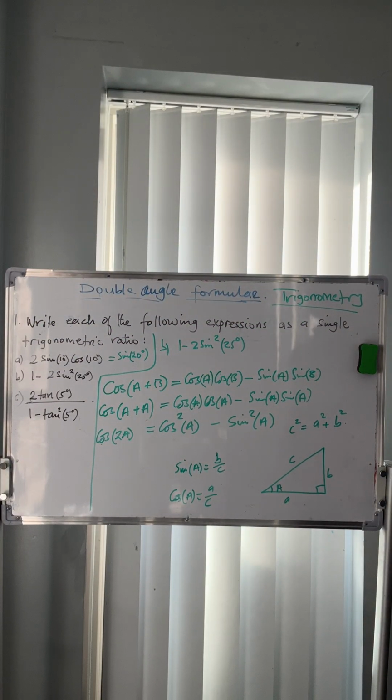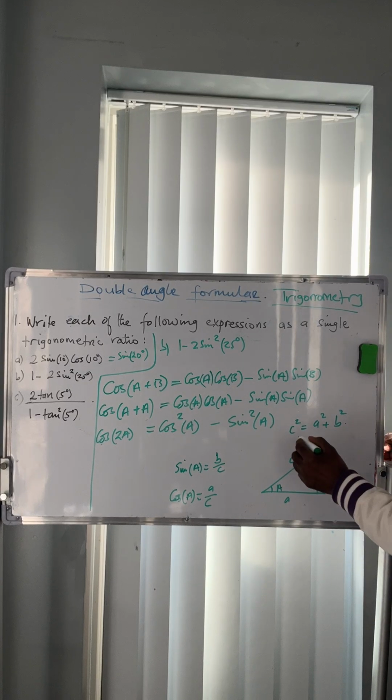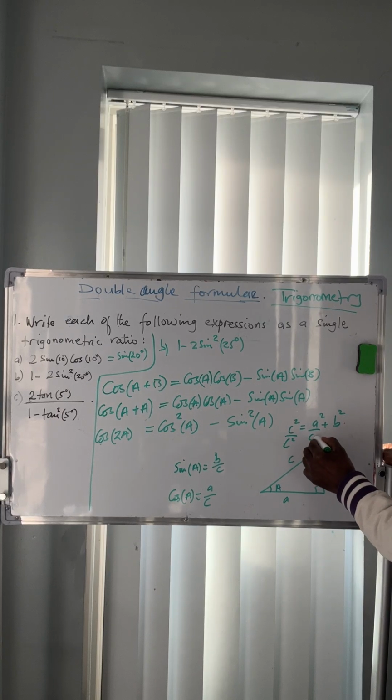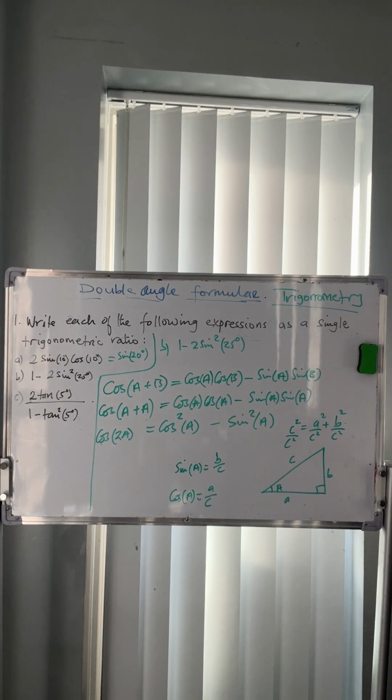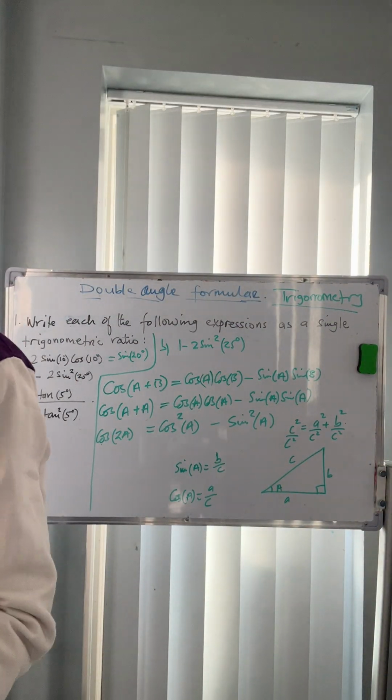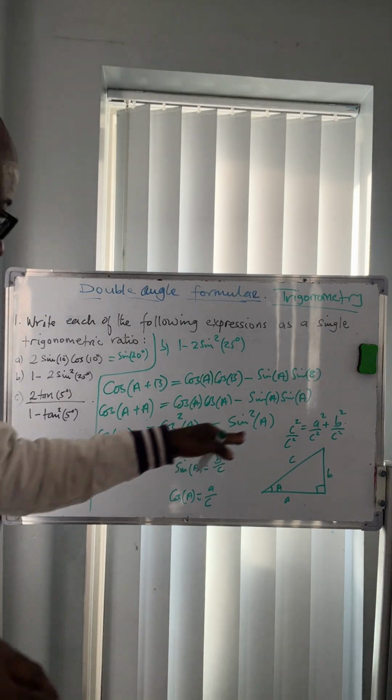What am I trying to do? I divide everything by C squared. It doesn't change the equation because I'm dividing throughout by a particular number.